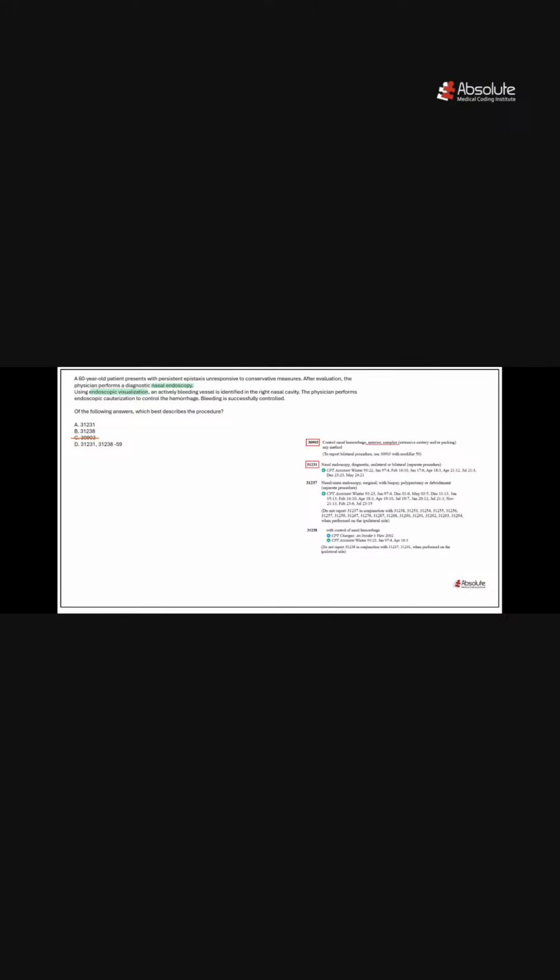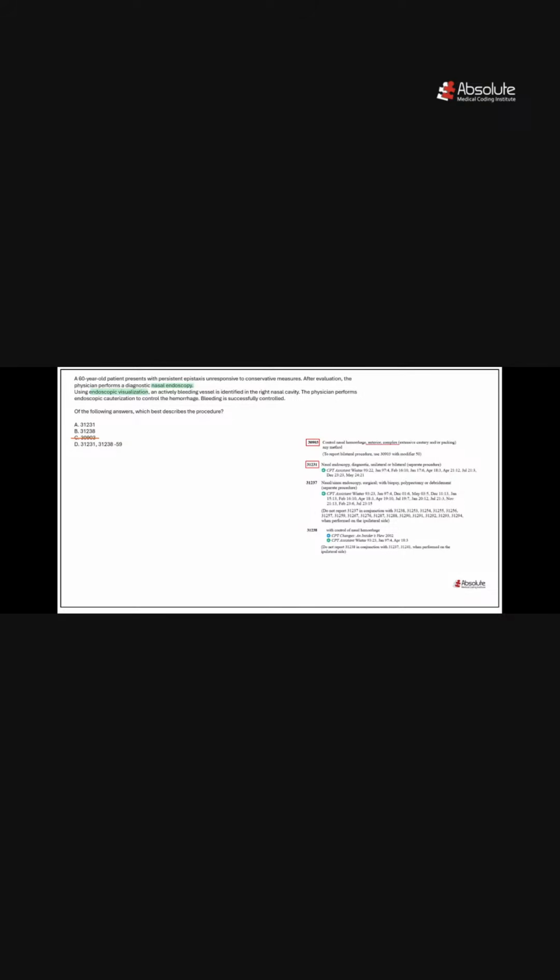That is the reason why we have to read the scenario carefully and not just go by what was planned. Always something might change during the procedure. So always be forensic. That's why we are the best medical coders, right?